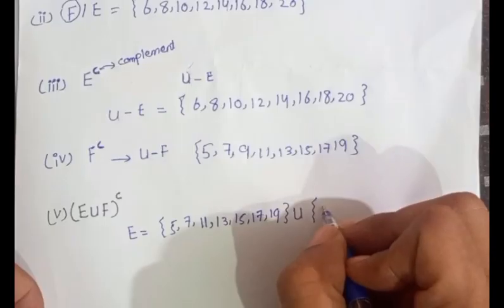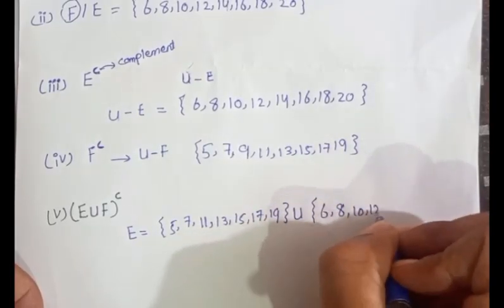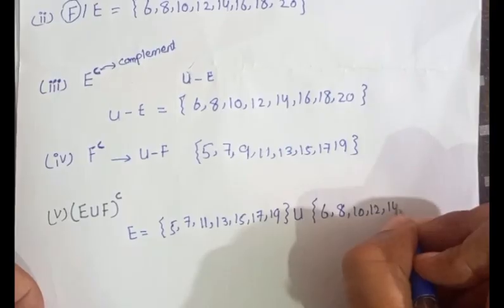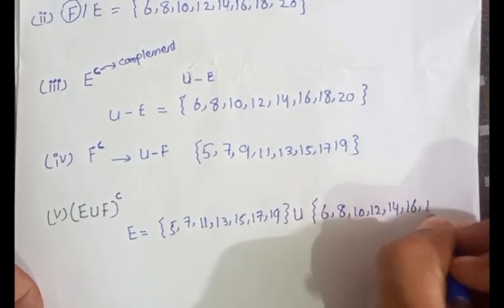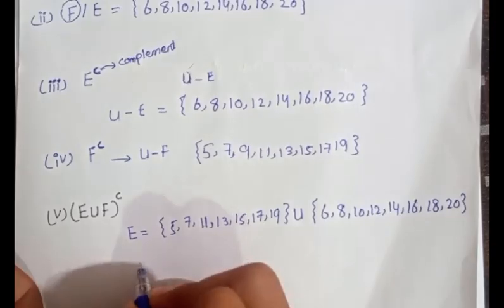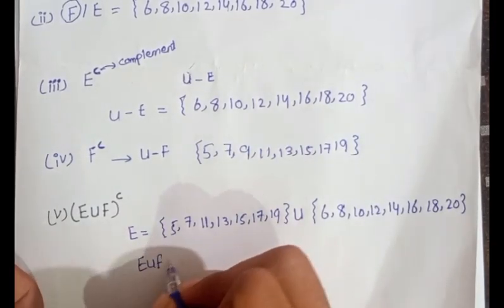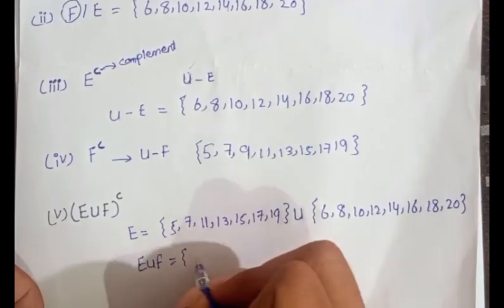This is the F set. We have 6, 8, 10, 12, 14, 16, 18 and 20. Now I will take out its union, E union F. So I will combine these numbers.